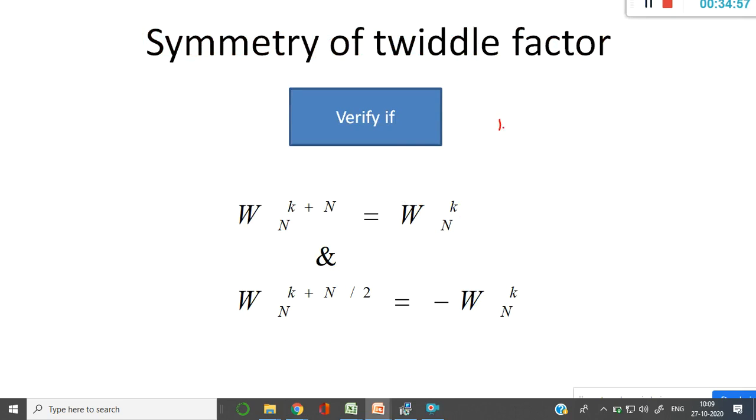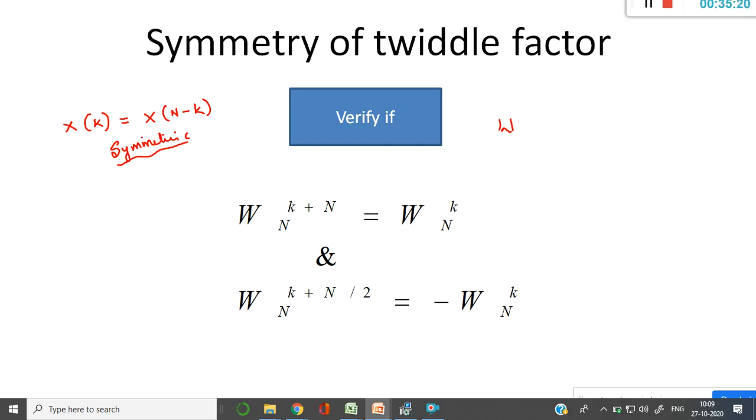I just directly tell you the importance of symmetry. As you know, the symmetry value X of k will be equal to, after some time, X of N minus k. This is the symmetry property you might already know from when we discussed symmetry.